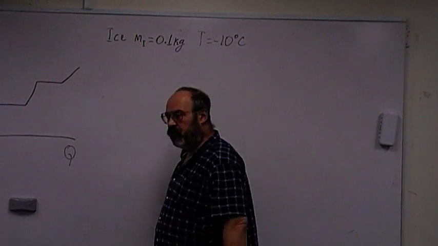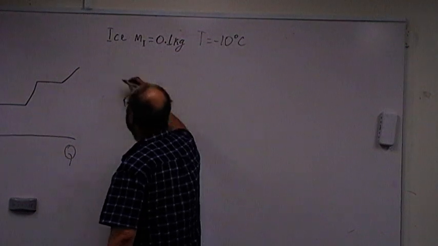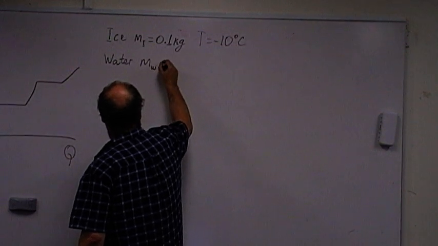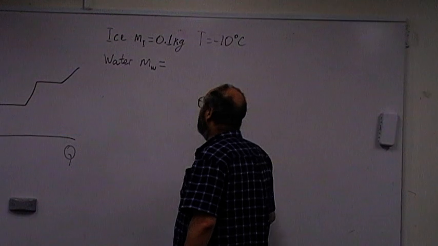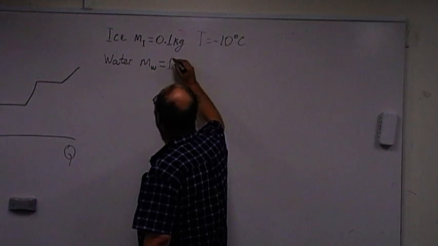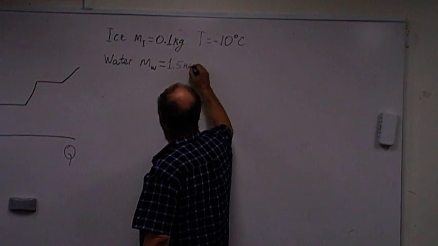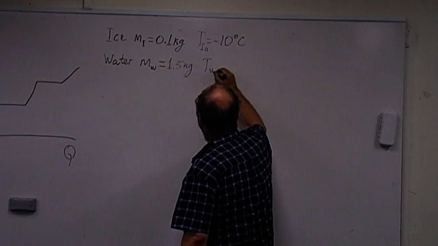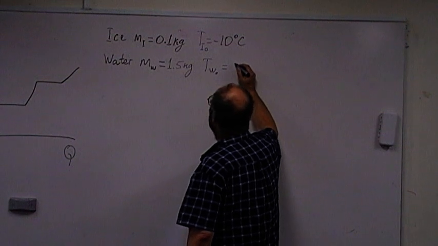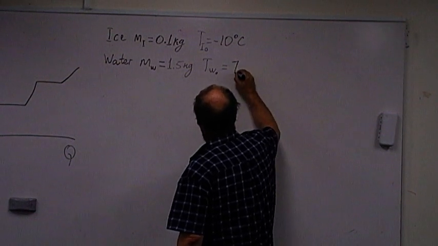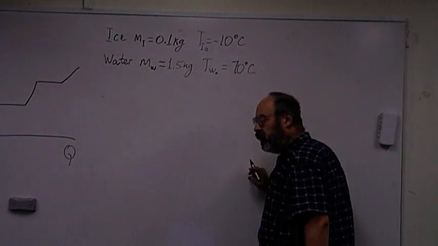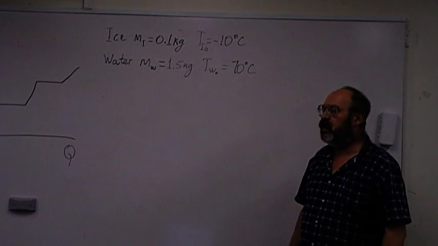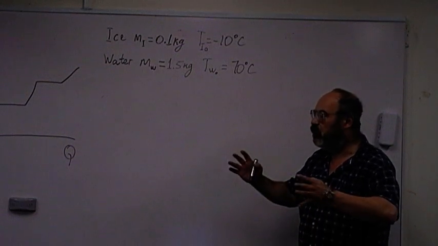And we drop this block of ice into the water with the mass of the water, let's say 1.5 kilogram, and the initial temperature of the water is, let's say, 70 degrees Celsius.